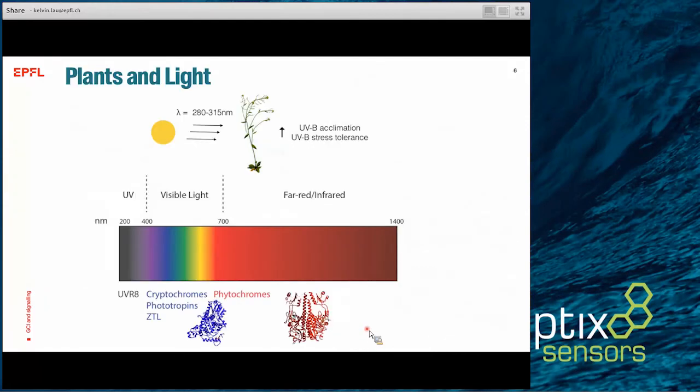So just a brief introduction to the project so you understand where I'm coming from. Plants have many photoreceptors that they use to sense light, because they are organisms that cannot move. They use photoreceptors to sense different parts of the sun spectrum, which tells the plants exactly what to do, essentially when to flower, when to grow, when to make seeds, for instance.